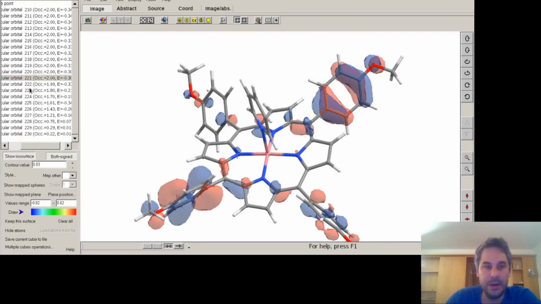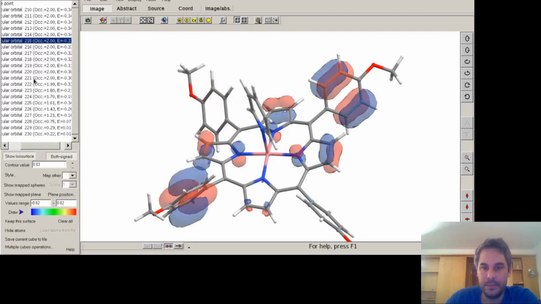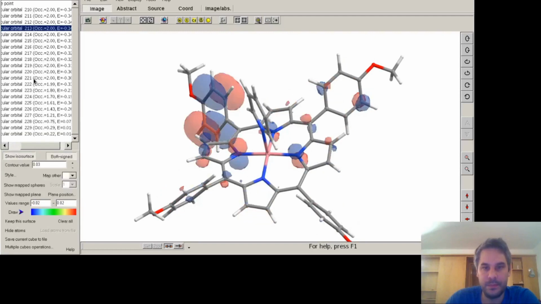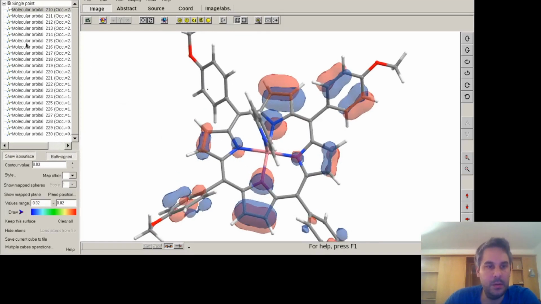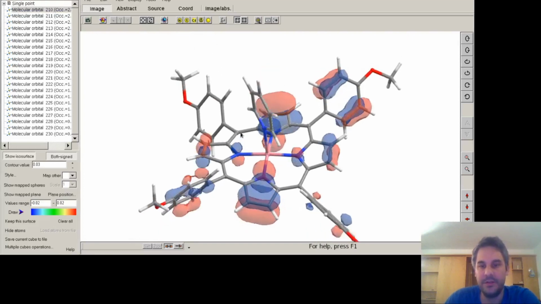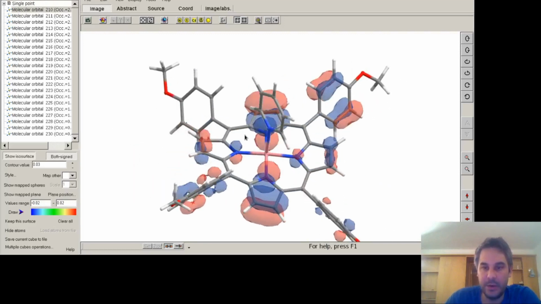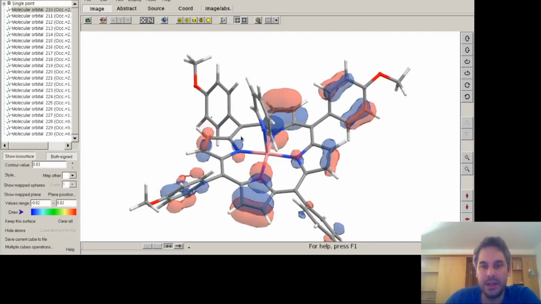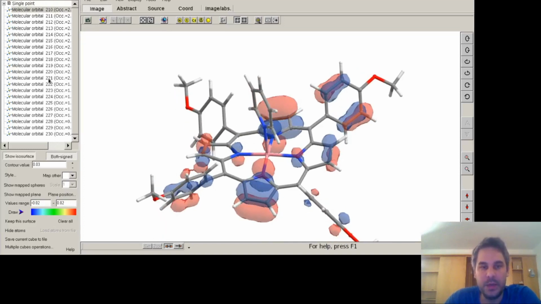So if we go here, if I go to even the lowest orbital that I had plotted, I still don't find it. So that's one of the problems with CASSCF calculations. Sometimes the orbitals are hard to find, but we have to keep searching.